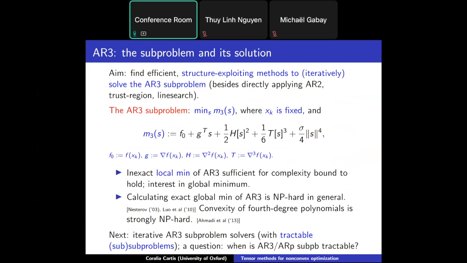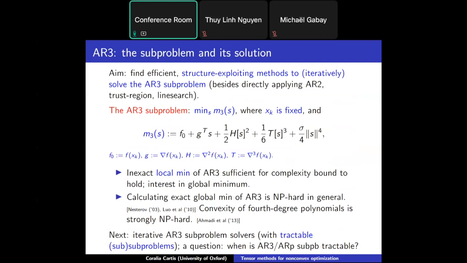In fact, if sigma is small, almost surely this will be NP hard because the third order term will dominate, and there is this result of Nesterov and other people showing that minimizing a cubic polynomial over a ball is NP hard. So if we are close to that context, then we will be NP hard.